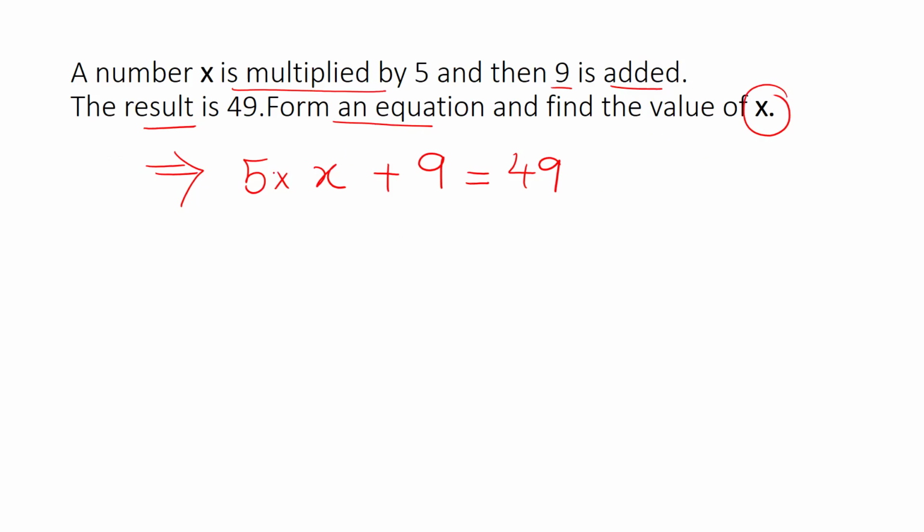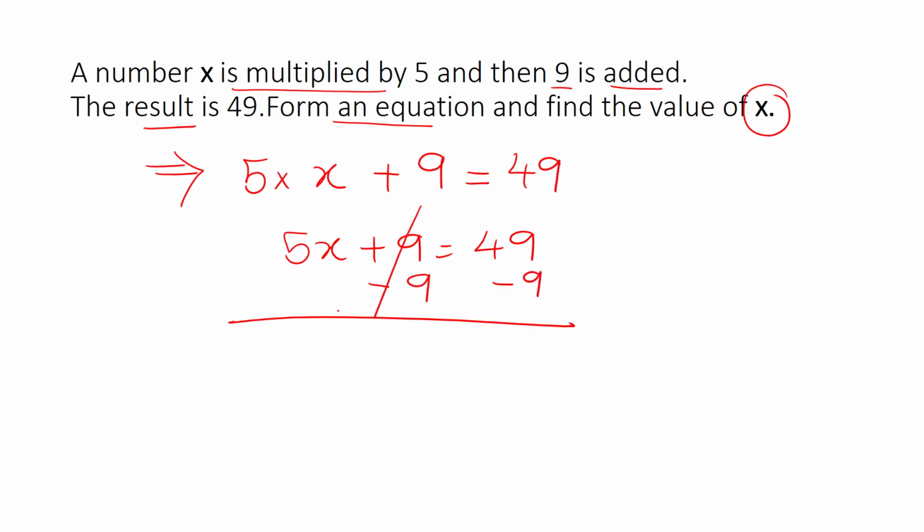So I'm just going to tidy this up. It is 5x plus 9 equals 49. Using our inverse operation, we'll take away 9 from both sides. So we are left with 5x equals 40. And again, the inverse of multiplication is division, so we divide both sides by 5.